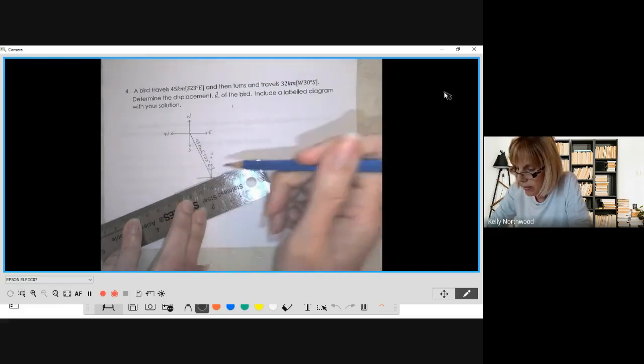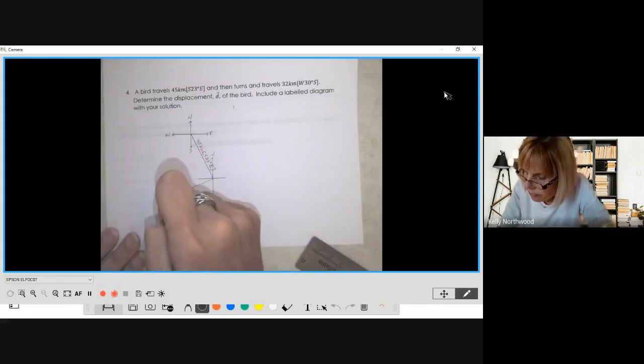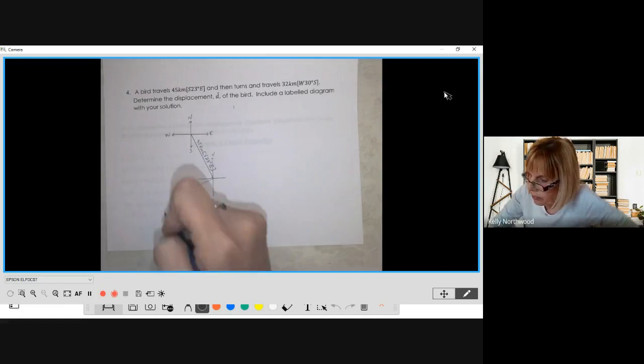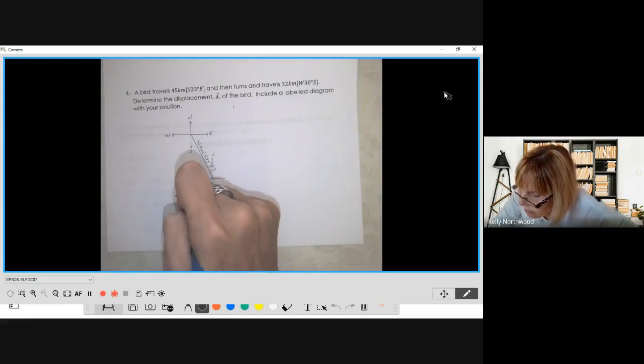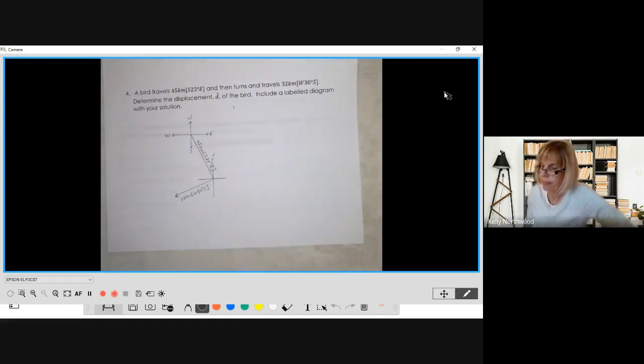So I feel comfortable with that representing the vector there. And then I'm going to label this vector 32 kilometers west, 30 degrees towards the south.